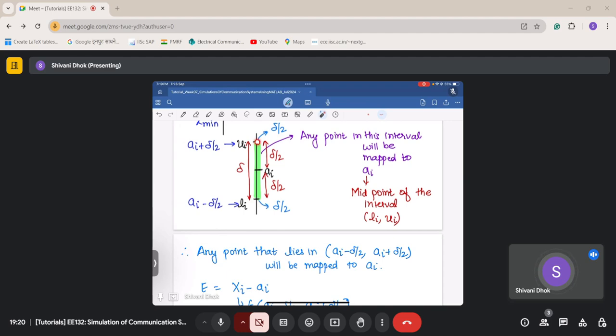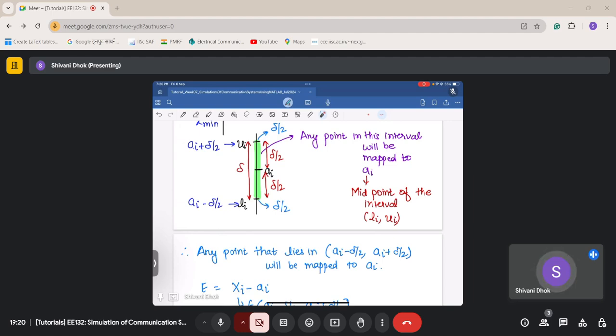So your quantization error, if you have Ui and you're mapping it to Ai, will be equal to delta by 2. Similarly, if you are just a little bit more than Ai minus delta by 2 and still mapping it to Ai, then xi minus Ai will have a value very close to minus delta by 2.